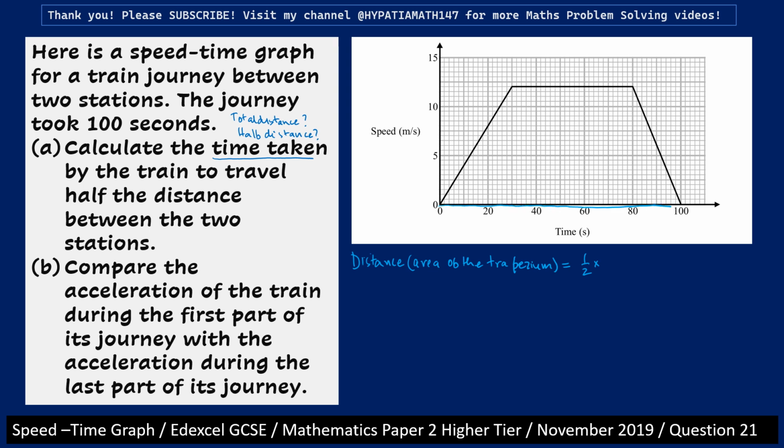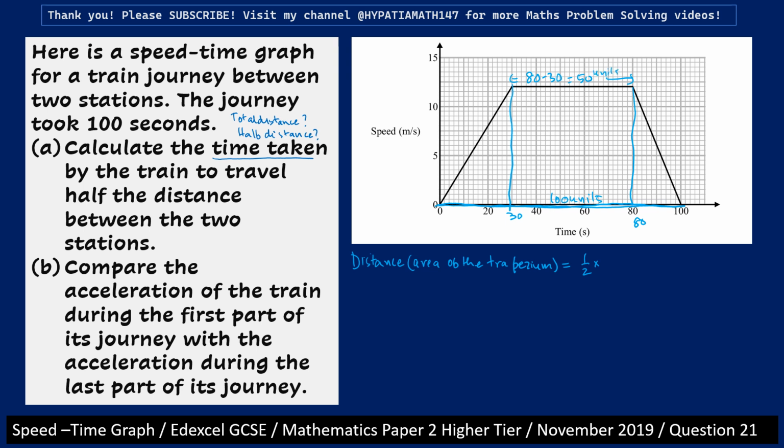So this is 100 units, and this is 30, and of course this is 80. So then we'd have 80 minus 30, so that is 50 units.